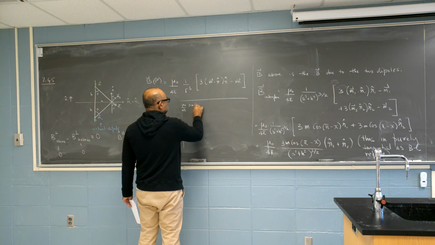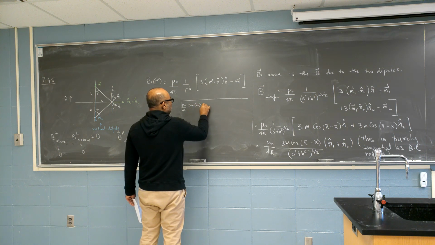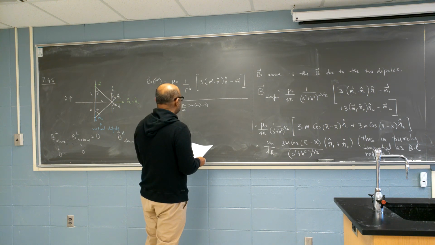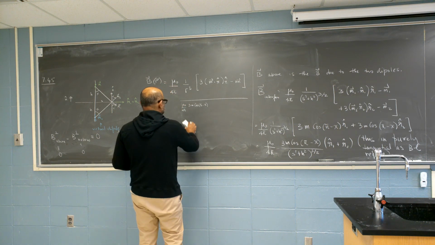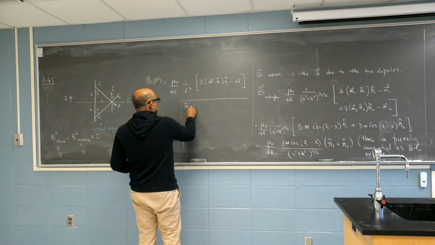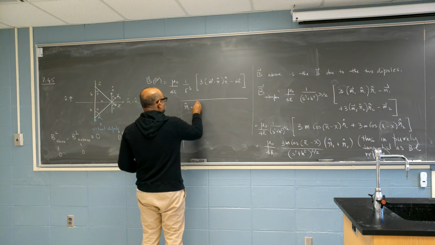I think we can simplify cosine of pi minus chi. Let me also do R1 plus R2.